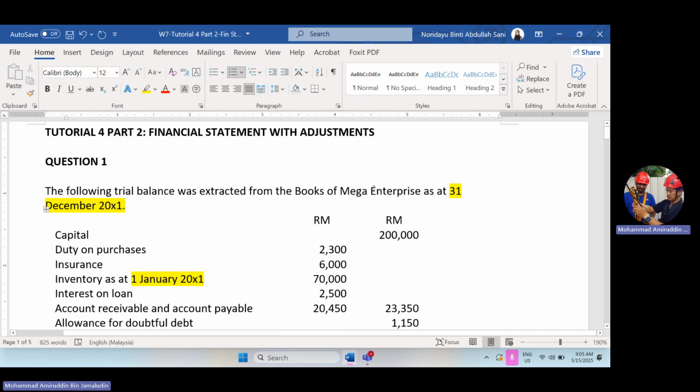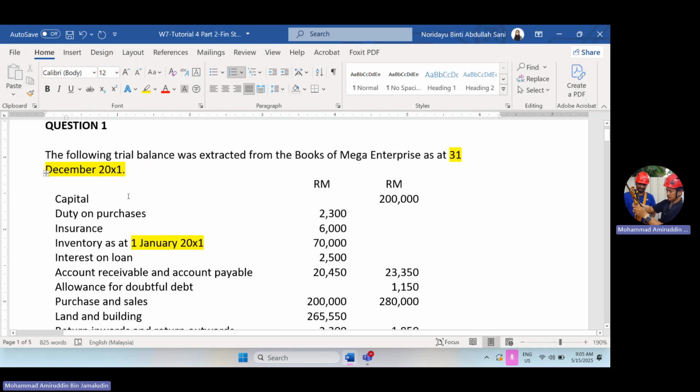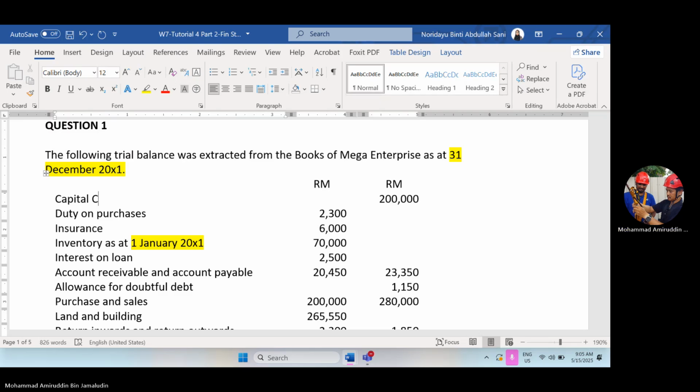Okay, so now very fast categorize. I go very quick because this is something you have to memorize and be familiar with. Capital or equity, SOFP. Duty on purchases, it increases your purchases cost, COGS, SOPL.